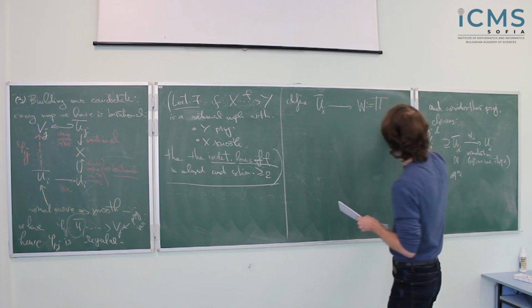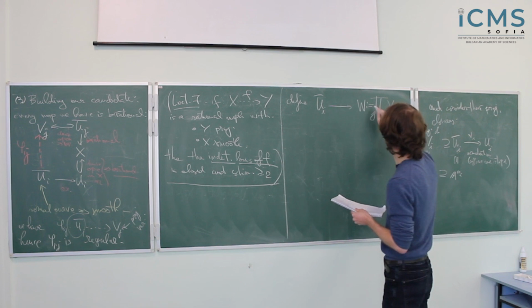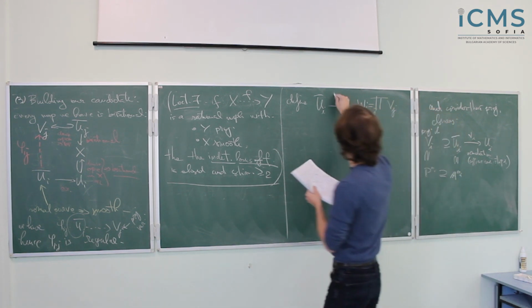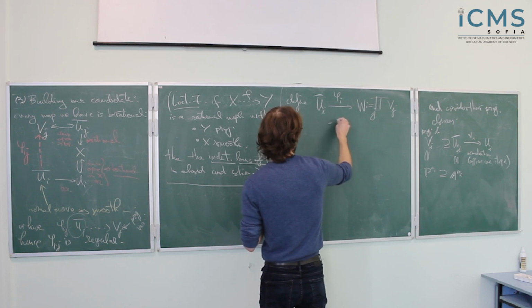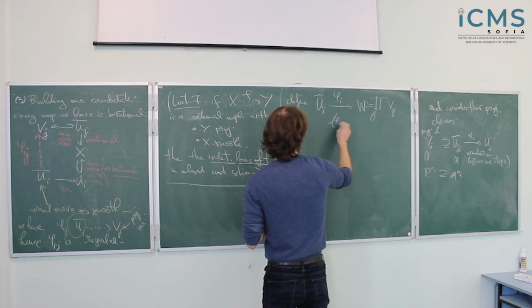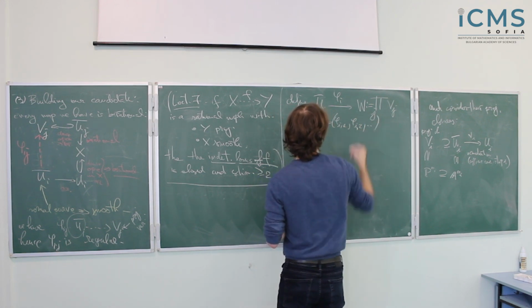And we take the product of the Vj's. And we just define phi as being the map defined by phi I1, phi I2, and so on.